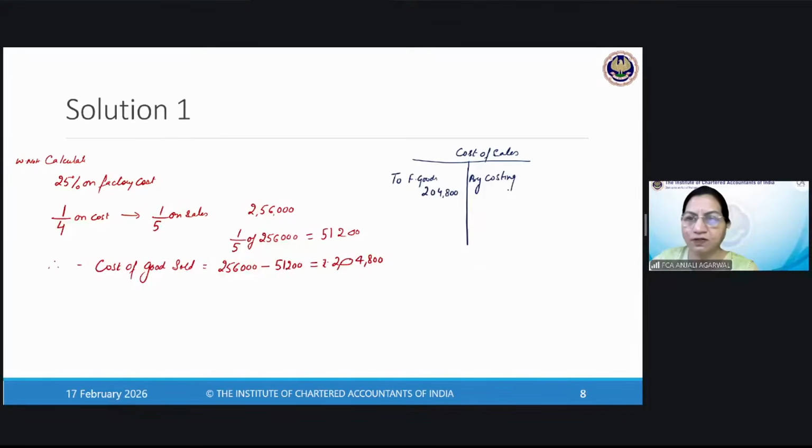Straight away move the cost of sales to costing P&L, 2,04,800. So this will not have any closing balance. Then you have your costing P&L account. Costing P&L account would be debited by to cost of sales, 2,04,800.